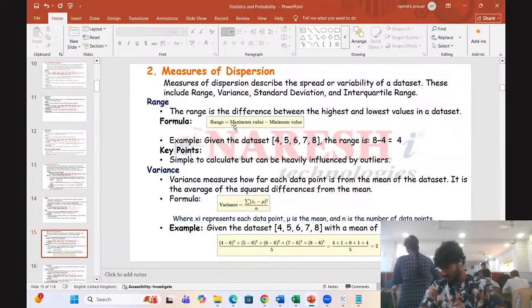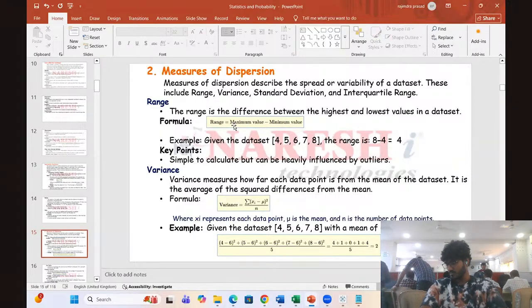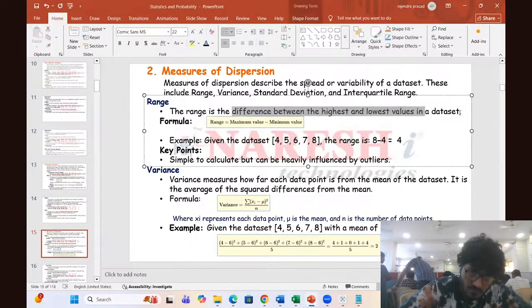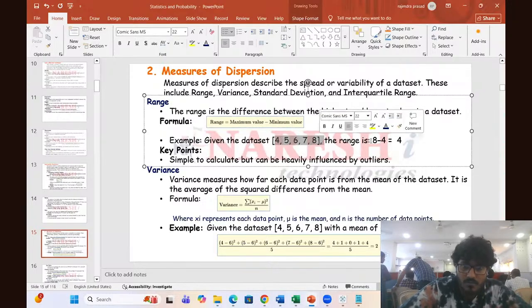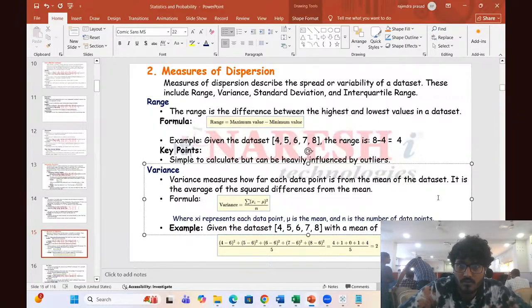Okay. So the first metric that we are going to use in measures of dispersion is range. Range is the difference between the highest value and the lowest value in the data set. Range is equal to maximum minus minimum. Example: 4, 5, 6, 7, 8. The range is 4. See here, we never use range in real time, guys. But we should know such a formula exists.